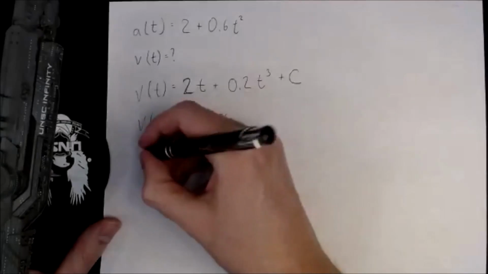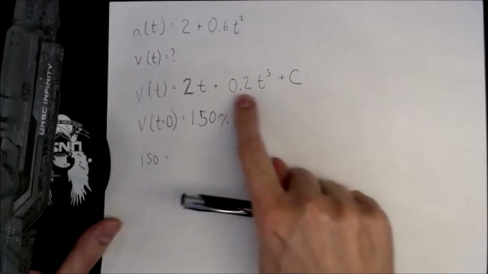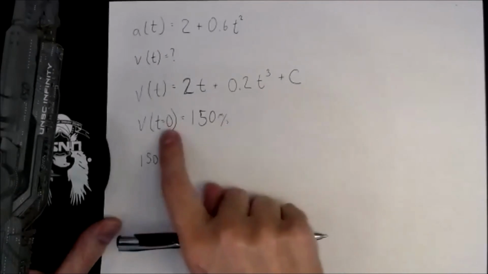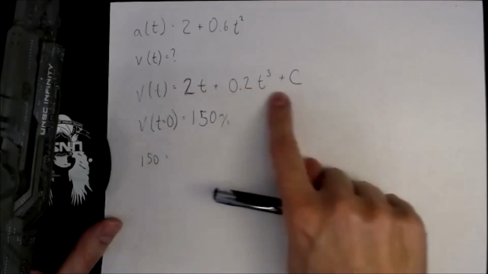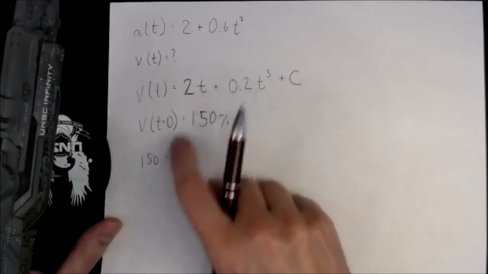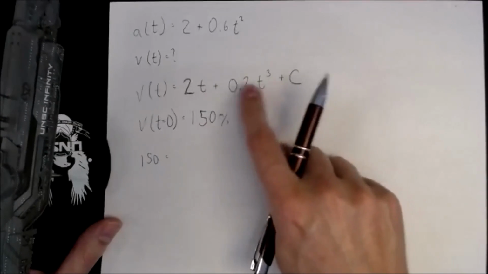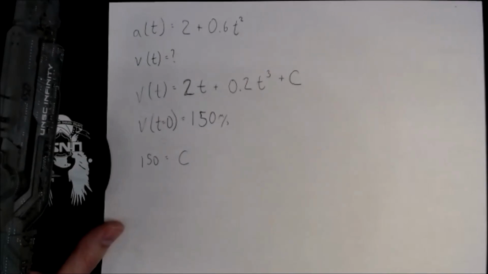Therefore, I can say 150 is equal to, I'm going to replace all the t's with a 0. So I'm saying that v is equal to 150 when t is equal to 0. So plug in 0 there. Okay, well, that goes to 0. Plug in 0 there. Okay, well, that goes to 0. So I guess 150 is equal to c.